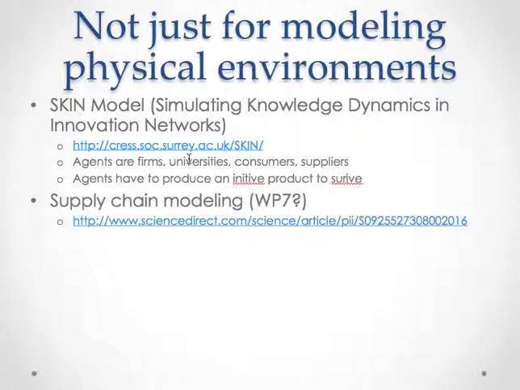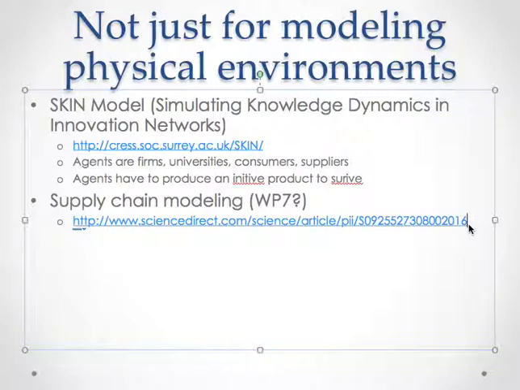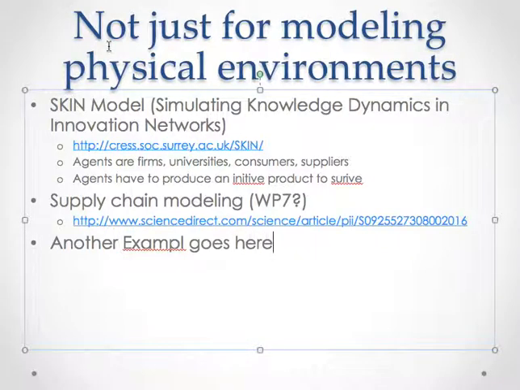I could probably add another one here. Let's edit this as I'm going along. Another example over here. But these are some examples of models which aren't in a physical environment.